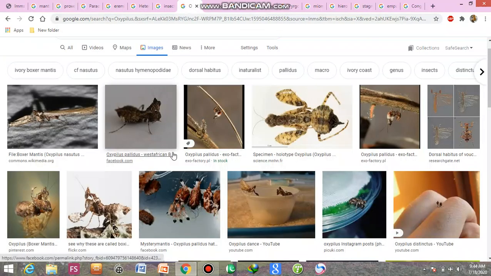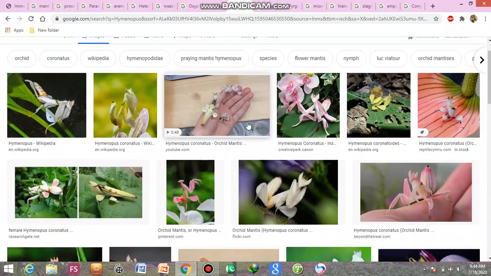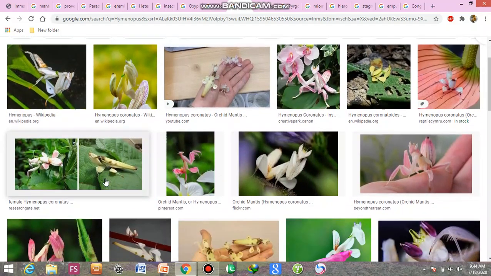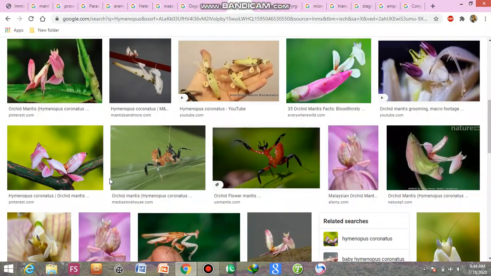This is the Oxypilus genus. This is the Hymenopus. See the beautiful creature of mantis. This genus has the most beautiful creatures included in it.